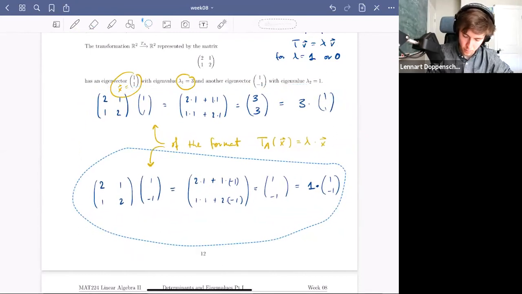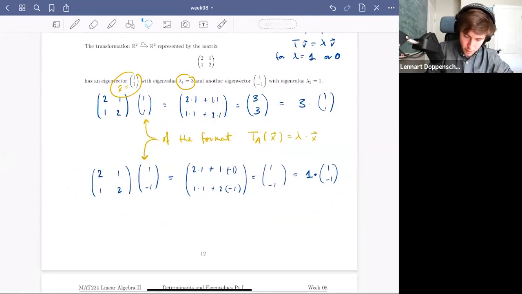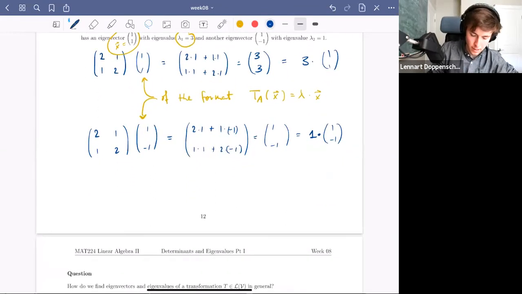But just to show you that I had to choose these carefully, I can also compute just any arbitrary other vector. Let's say we multiply (2, 1; 1, 2) with just the vector (1, 0). This is going to be (2, 1), the first column.